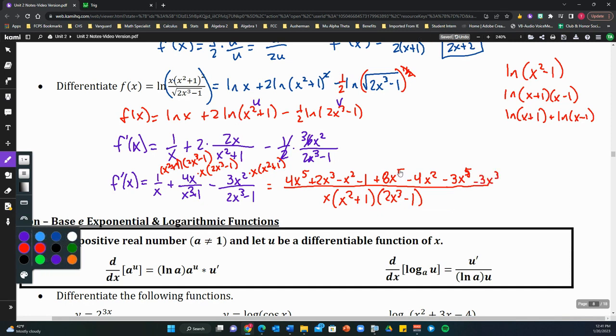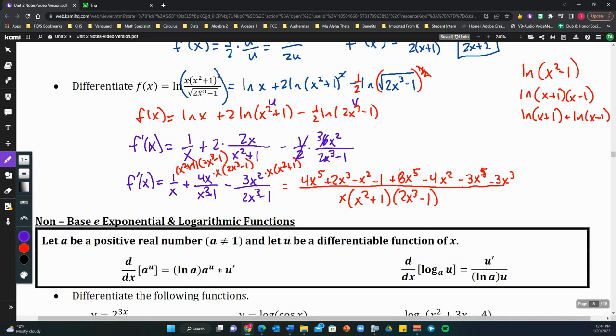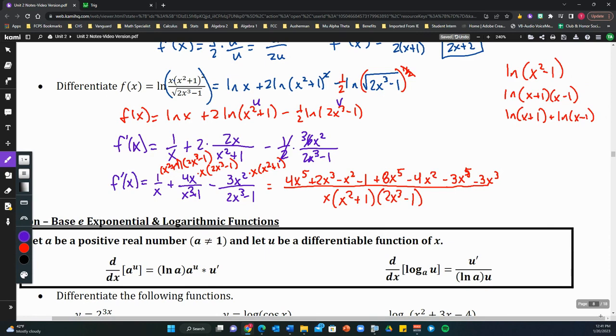And then we just combine all of our like terms. So if we go through all of the fifth degree terms, go ahead and get the denominator written down here. So looking through, we've got 4x to the fifth plus 8x to the fifth minus 3x to the fifth.